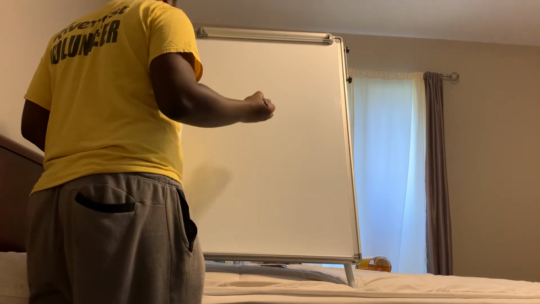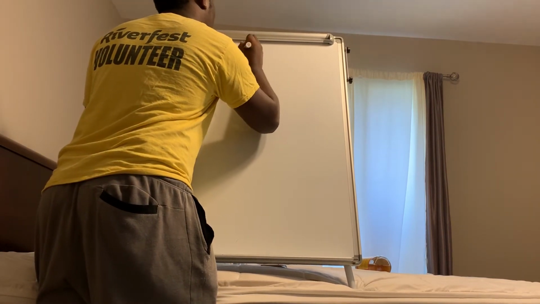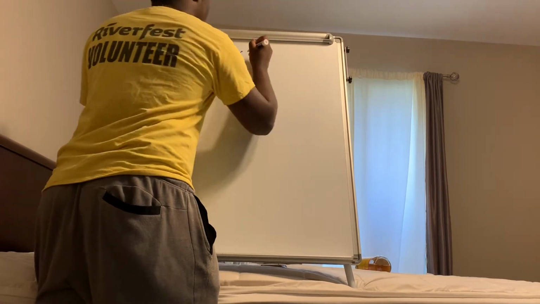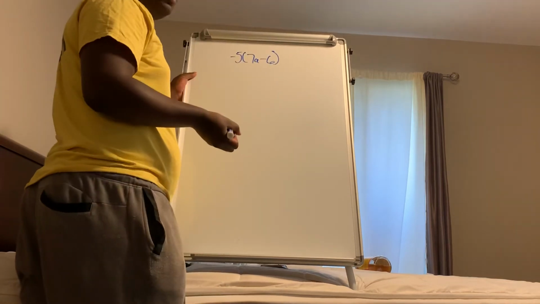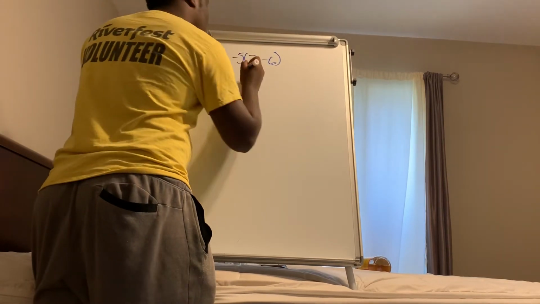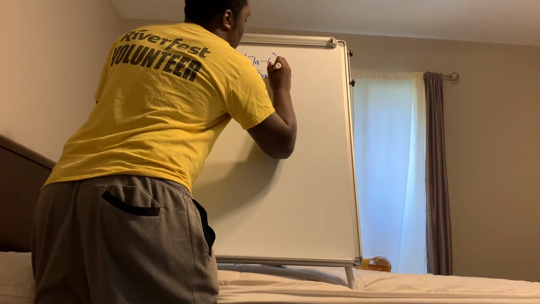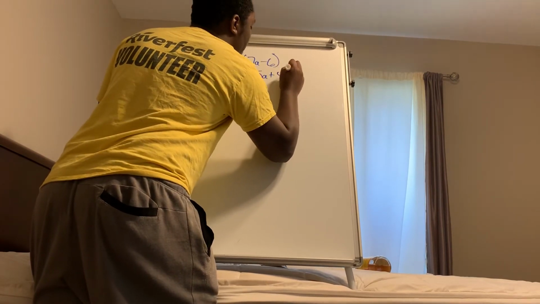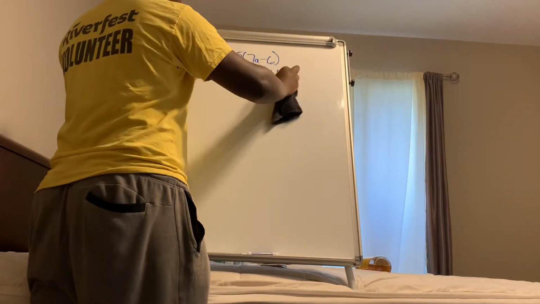Next we have -5 times 7a minus 6. Distributive property, -35a plus 42. No, that is definitely 30.